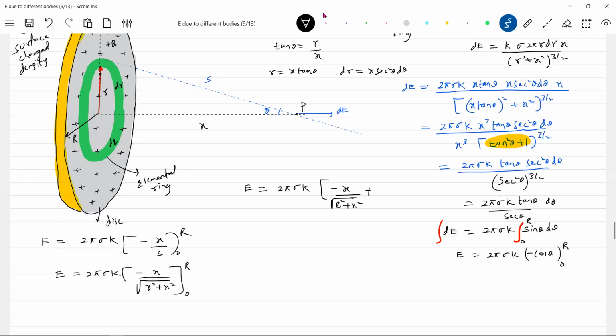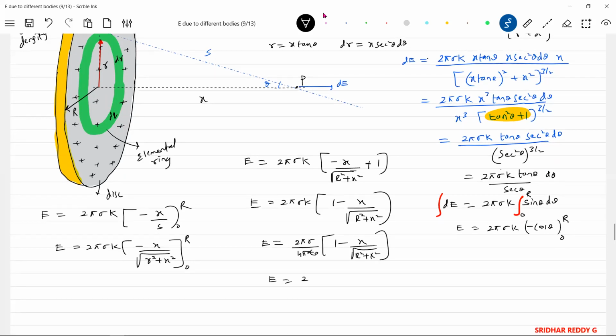Minus of minus, this will be 1. So the final answer will be, K you can write as 1 by 4 pi epsilon naught. So 2 pi gets cancelled. So sigma by 2 epsilon naught.